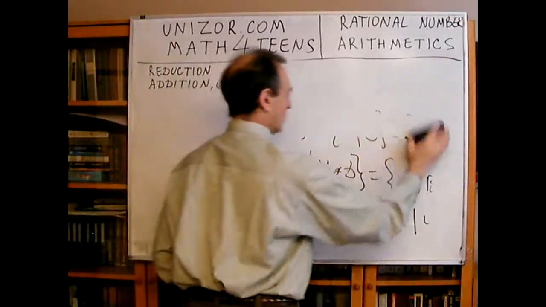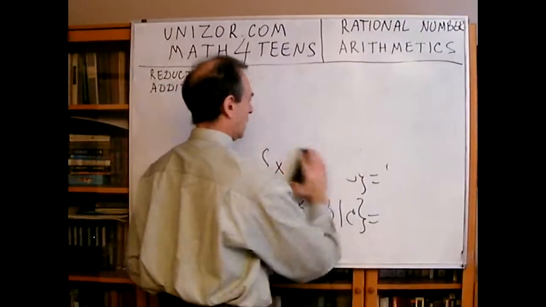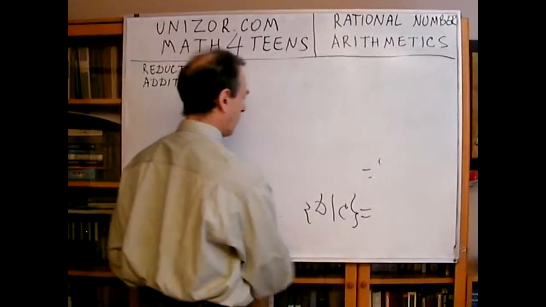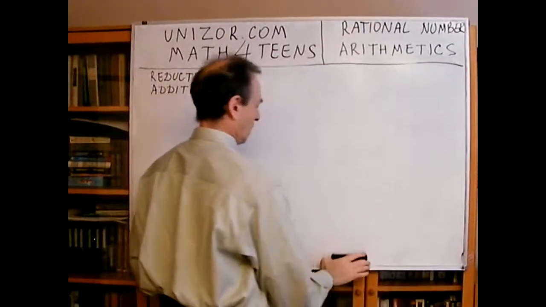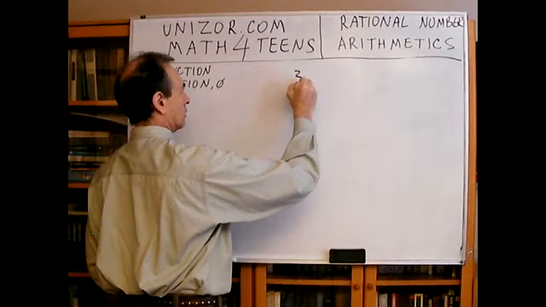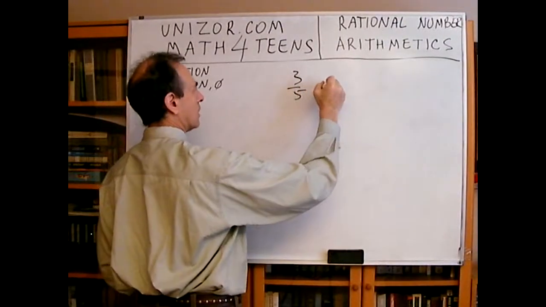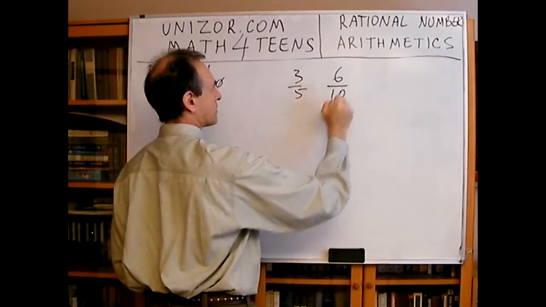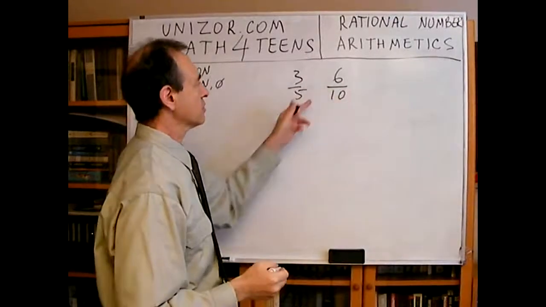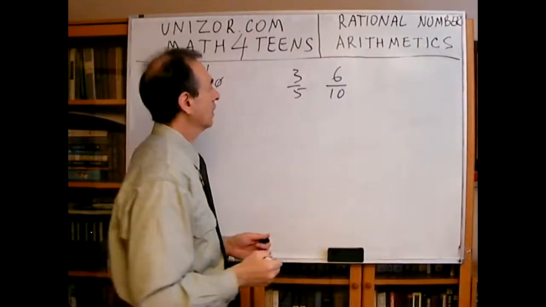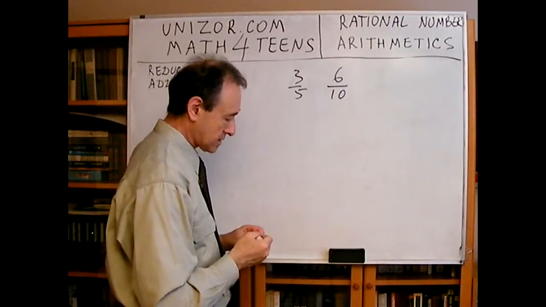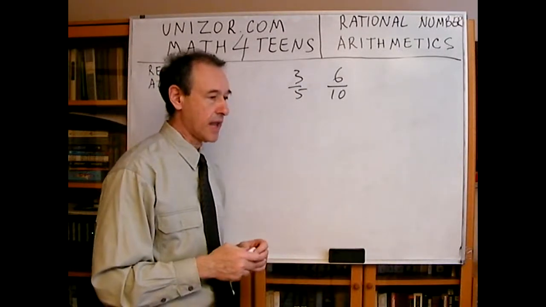We know that numbers, let's say 3/5 and 6/10, are the same because they can be reduced one to each other. Now, among strings, we also talked about reduction.